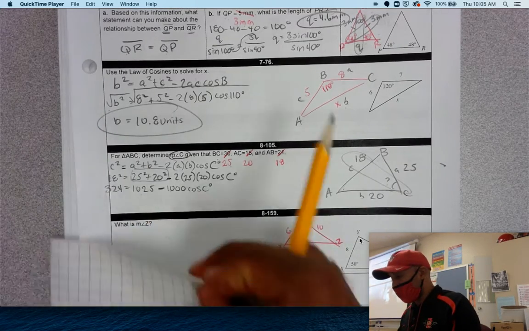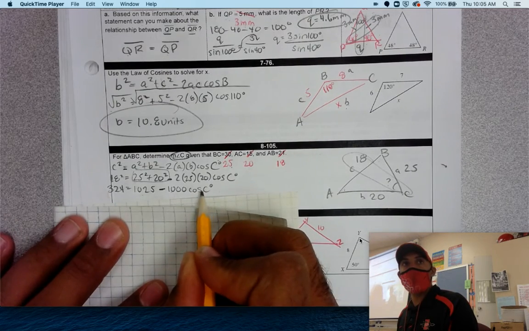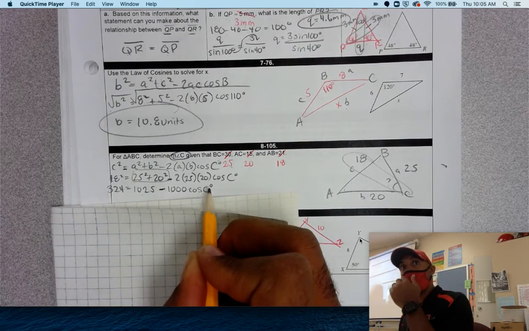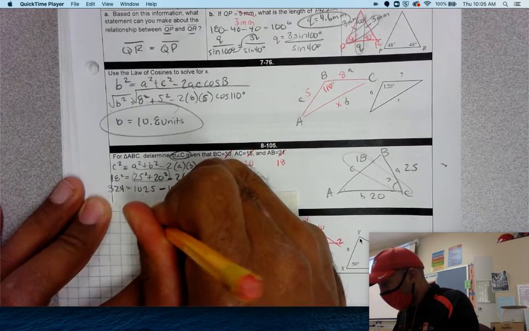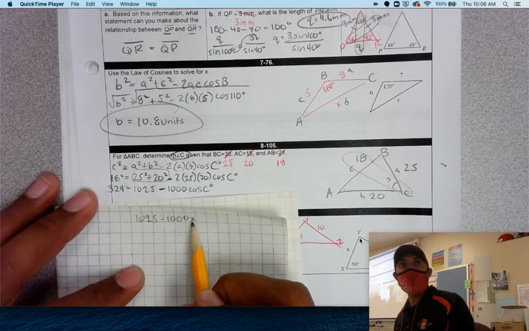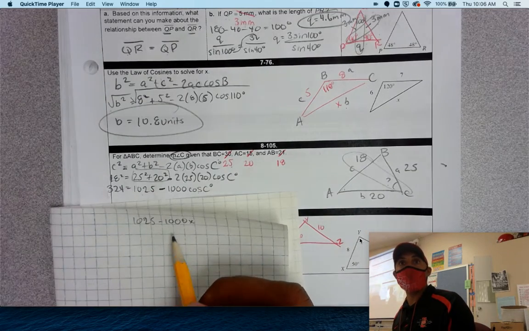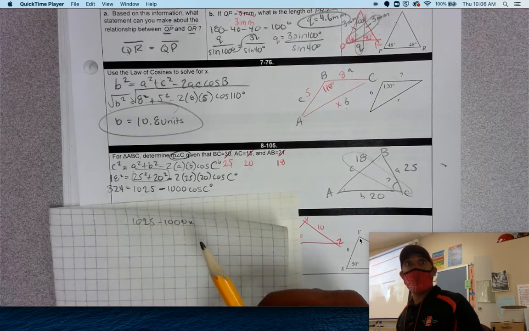But you can't do that because think about it. Let's just say that there wasn't cosine here. It was actually x. So it wasn't 1000 times cosine. It was 1000 times x, right? So if it was 1025 minus 1000x, those are not like terms. So I couldn't like add those or subtract them, right? I would have to put this on the other side. So I'm going to treat that the same.